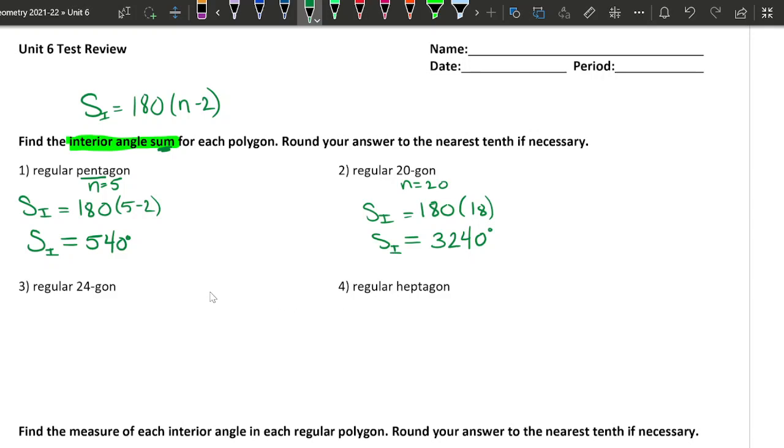And then for a 24-gon, so the 24 tells me that n is 24. So the sum of the interior equals 180 times n, which is 24, minus 2. So 22. 180 times 22 gives me 3,960 degrees.